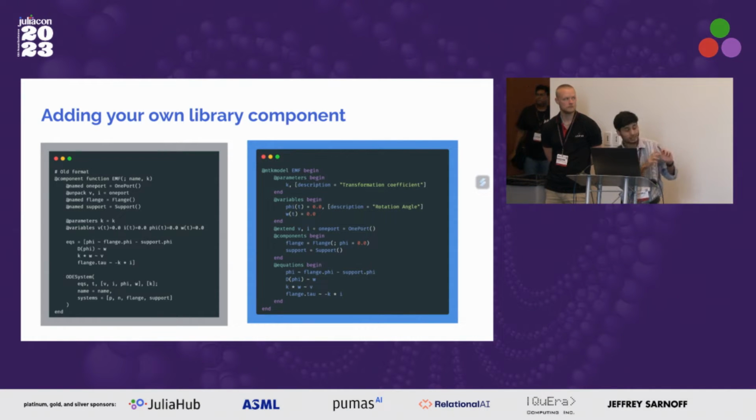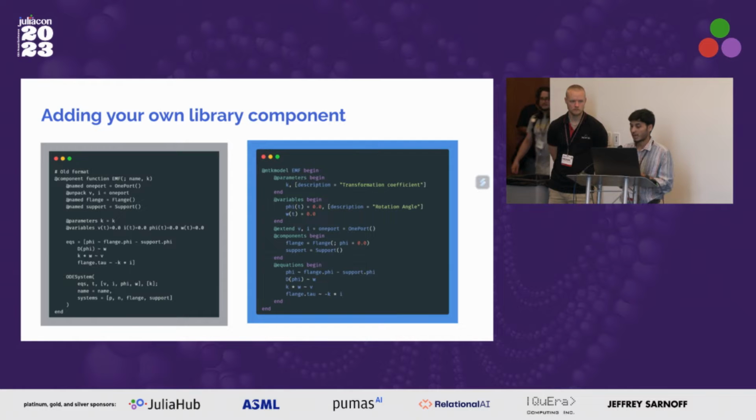One thing to note is that the variable list has to be a tuple. So if it's just V that you want to pull out, you still have to make it a tuple. And then it uses the extend function of MTK. It's equivalent to that.